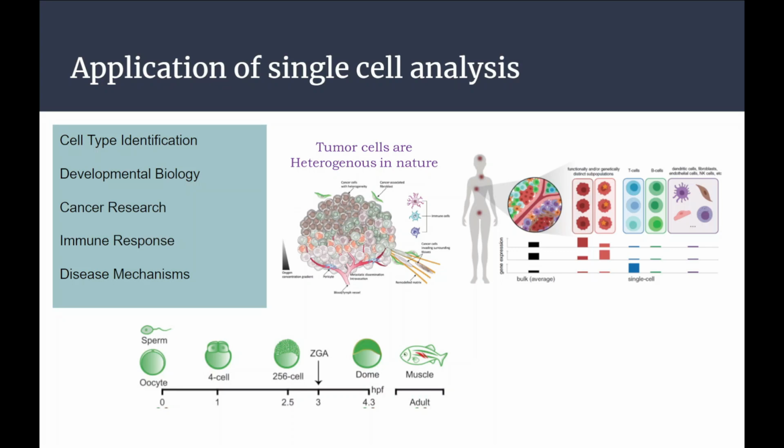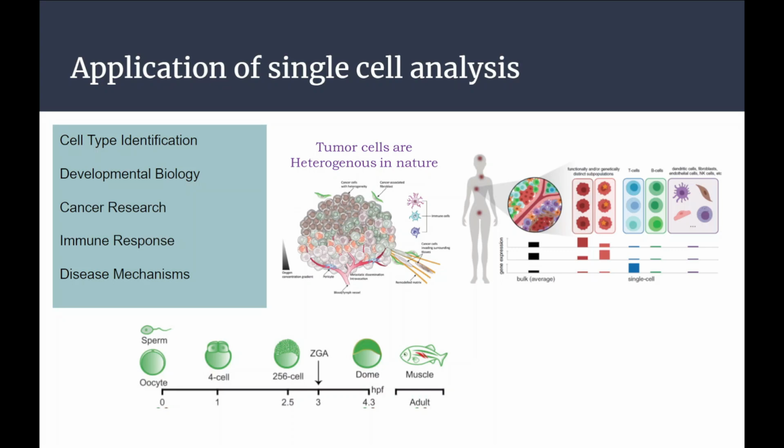We can also go for cancer research, where we can study the tumor condition, find the microenvironment, find the cell types of the tumor and the expression profile, then try to link it with clinical diagnostics. Similarly, we can study the immune response profile, how the immune response behaves against a pathogen.